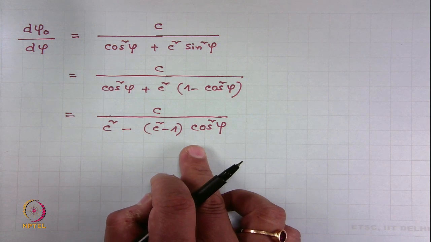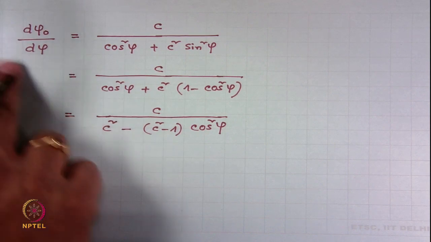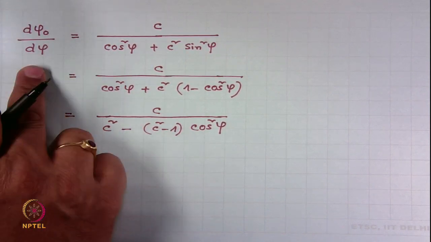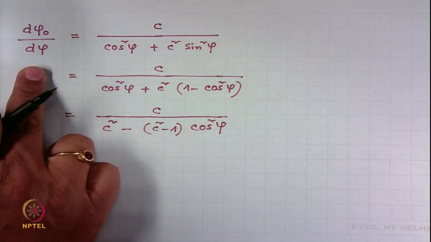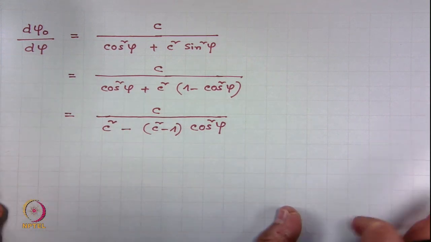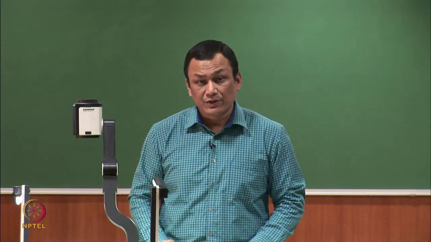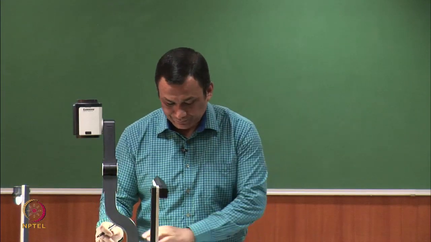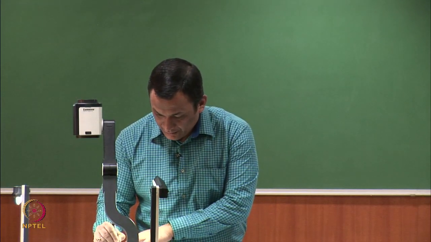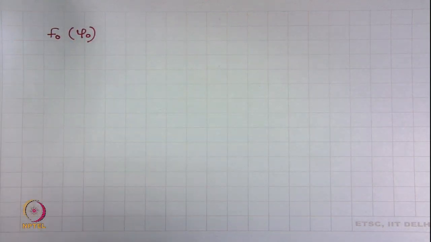Now, we need to understand this one. What is the physical meaning of this ratio? This we need to understand. So, we talk about four symbols. This symbol we have earlier used. What is the meaning of this symbol?